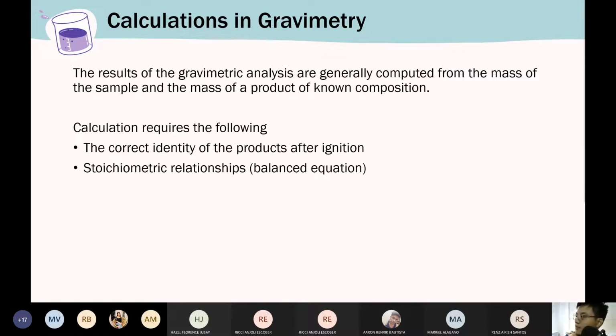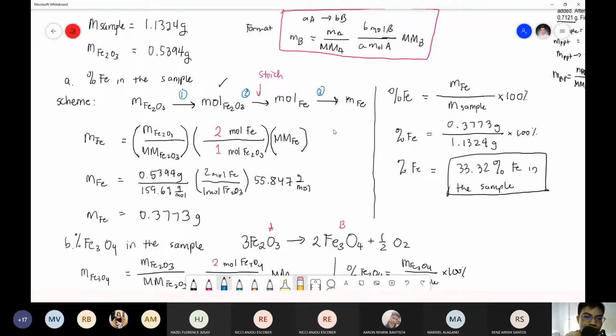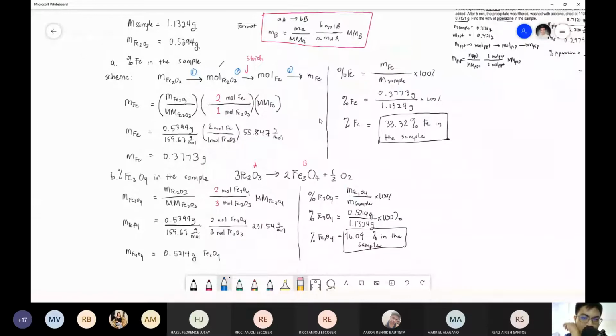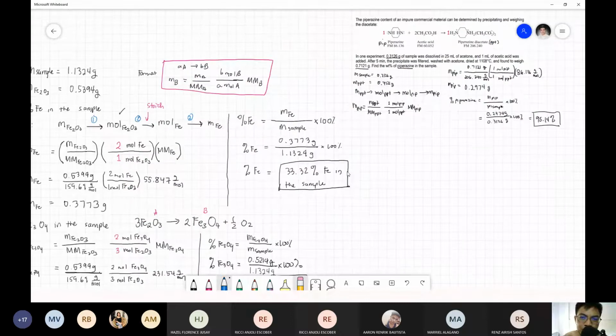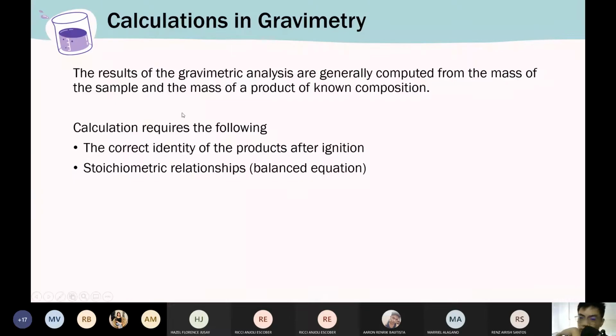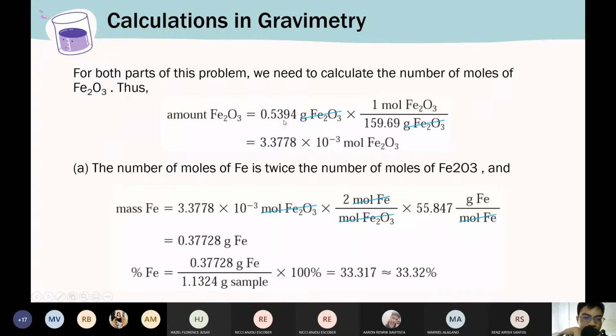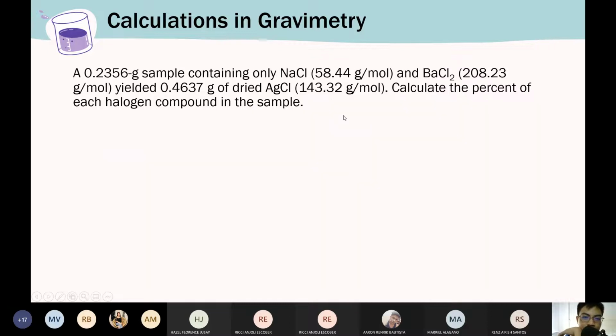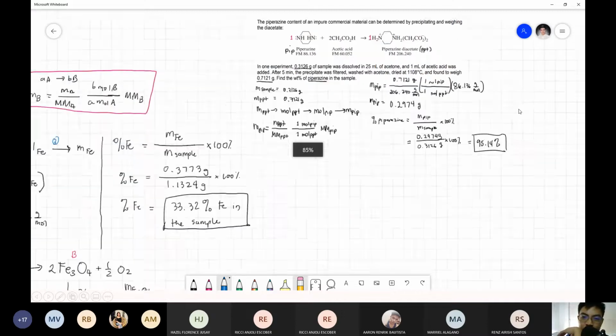Last week, we were able to answer the mass of iron and Fe3O4 in your iron ore, the amount of calcium, and also the piperazine problem.